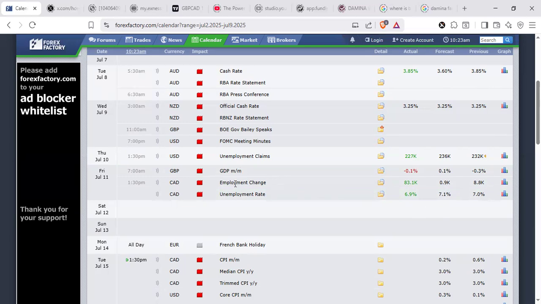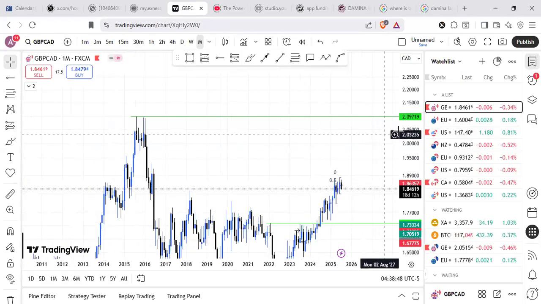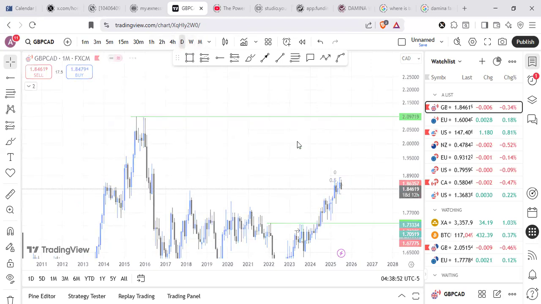For instance, this GBP CAD that I'm telling you. From the news event, I know that on GBP CAD I'm at least expecting some bearish move. Then let's go to GBP CAD and see what it has been doing. So this is GBP CAD. Let's go to the daily.